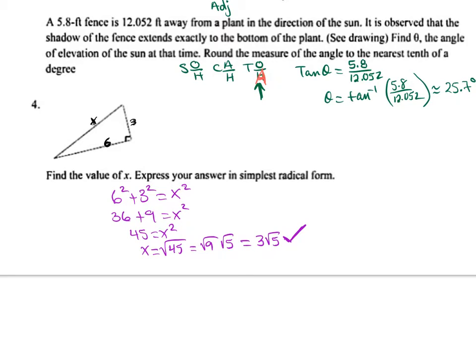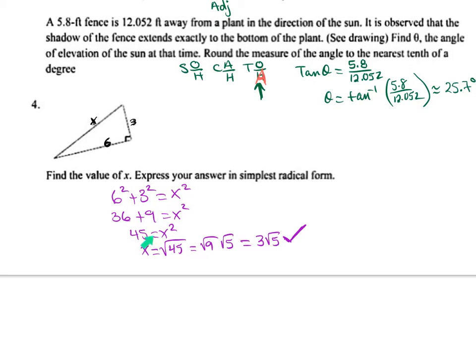And number 4, we have this right triangle where the hypotenuse is x, the bottom side is 6, and the side on the right is 3. It says find the value of x, and because this is a right triangle, we can use the Pythagorean Theorem, which says that 6 squared plus 3 squared is equal to x squared. 6 squared is 36, 3 squared is 9, and 36 plus 9 is 45, which is equal to x squared.